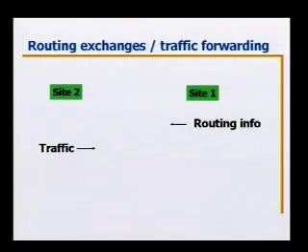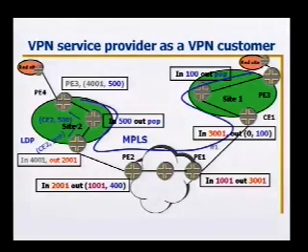So we'll take a brief look at how this looks from a routing and forwarding point of view. We've already seen in the previous example how we can establish an LSP between the two remote sites when we want an MPLS LSP between them.